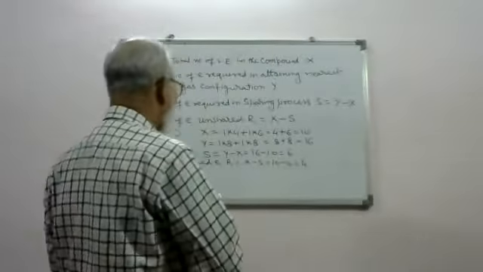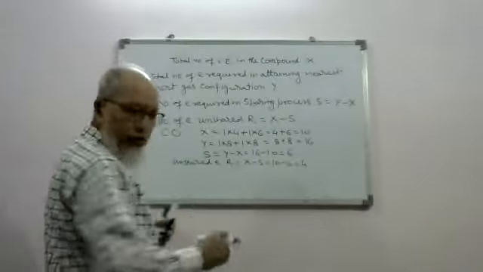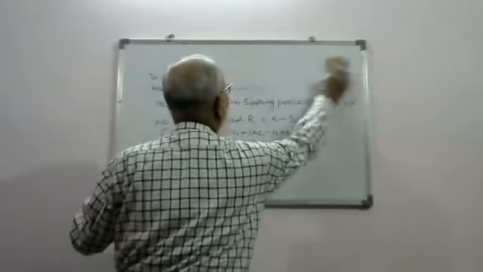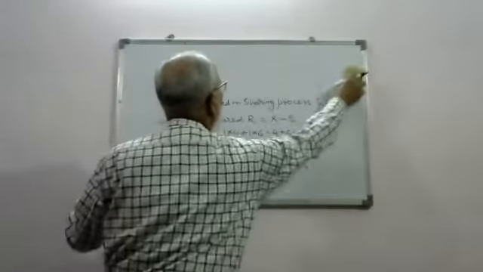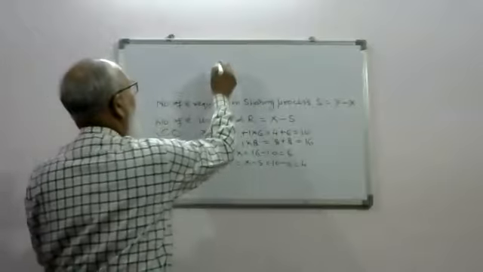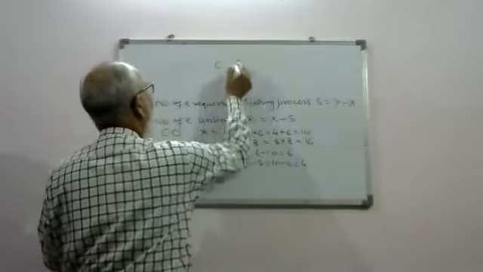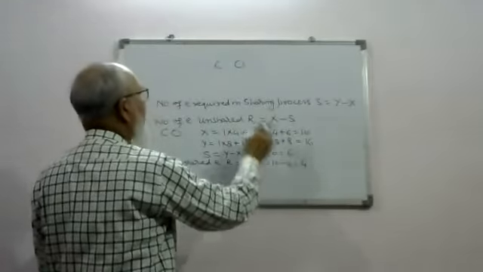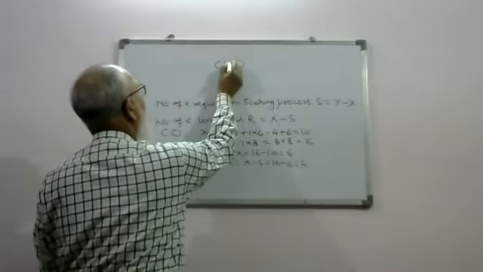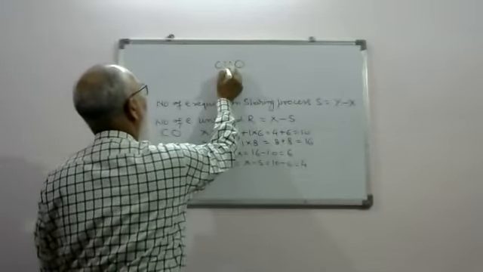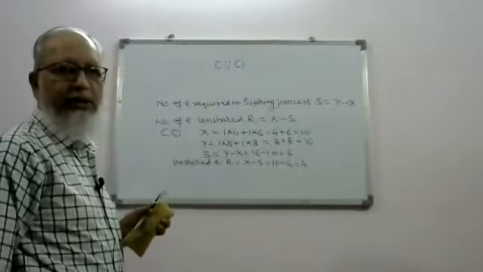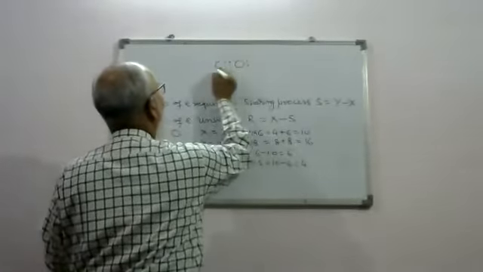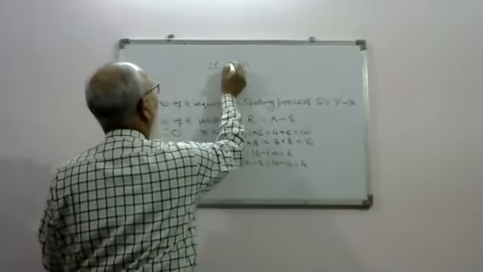So it is your carbon monoxide. Here we write the skeleton. This is your carbon and oxygen. 6 electrons are to be shared, means 3 pairs. 4 electrons are unshared, means 2 pairs. 2 electrons here, 2 electrons here.